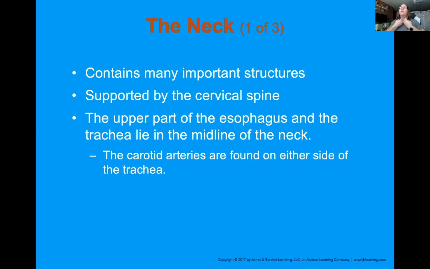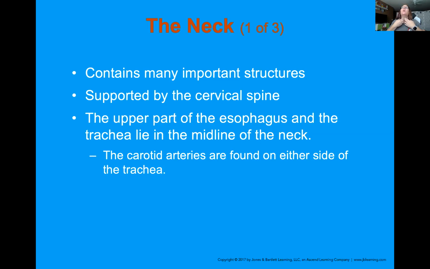But in the anterior part of the neck, we have our trachea, and then right behind our trachea is our esophagus. And then we have these vessels, right? We have our carotid arteries, and then we have our jugular veins. So a lot of vasculature, right? That's the blood flow to and from the brain. So it's really important because we need to have that constant supply of fresh oxygenated blood to our brain.